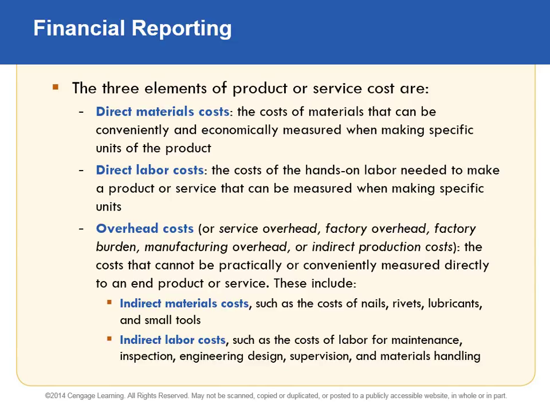The overhead, those are indirect production costs, the costs that cannot be practically or conveniently measured. Like we said earlier, if you take the insurance, for example, the insurance is for the whole factory, correct? How can you make it part of the unit cost, product cost? There are ways that we're going to learn, all right?